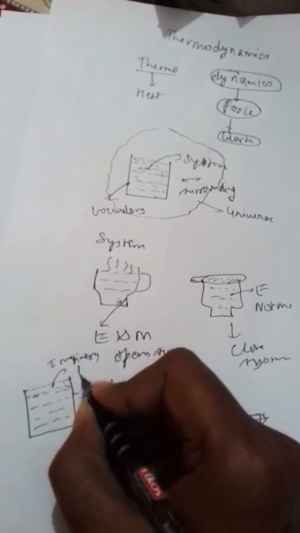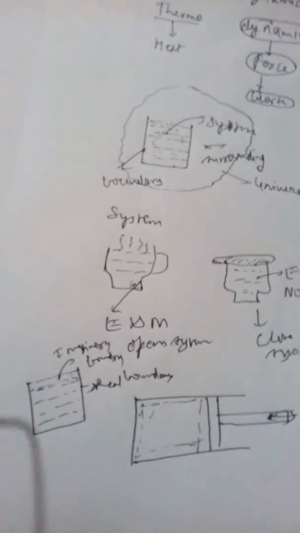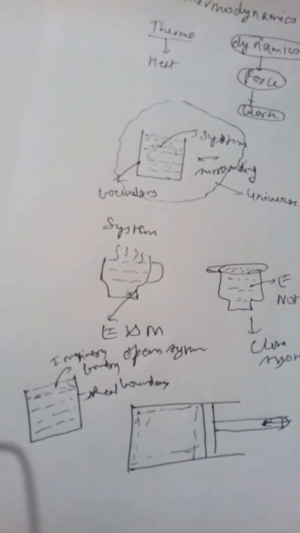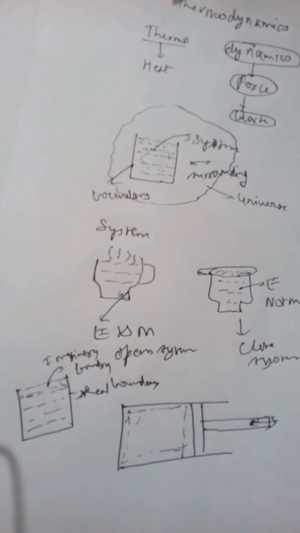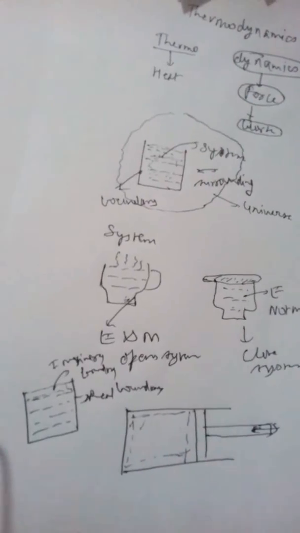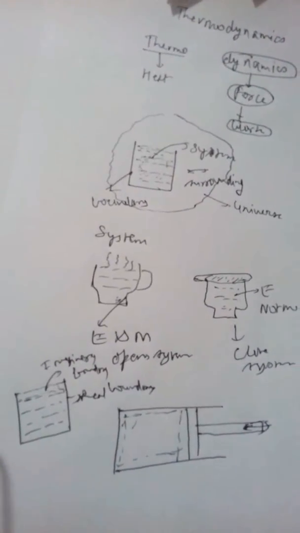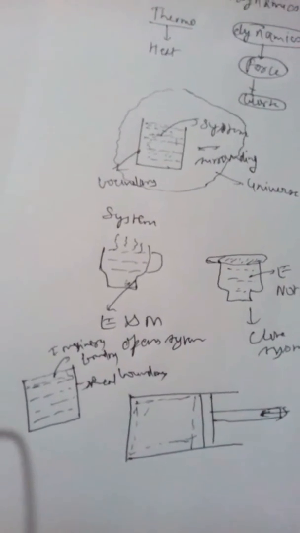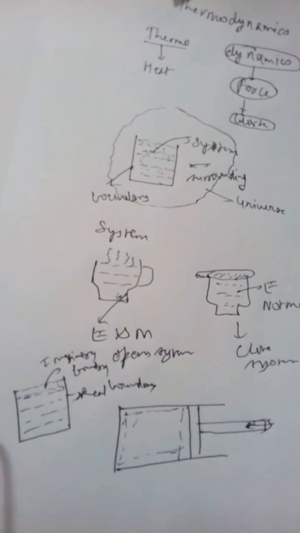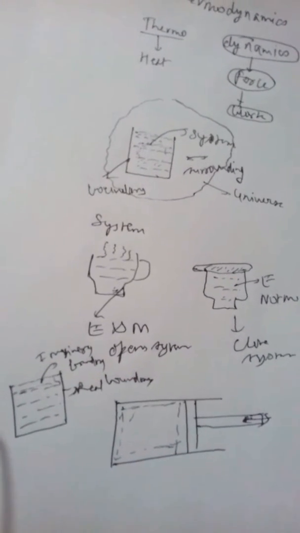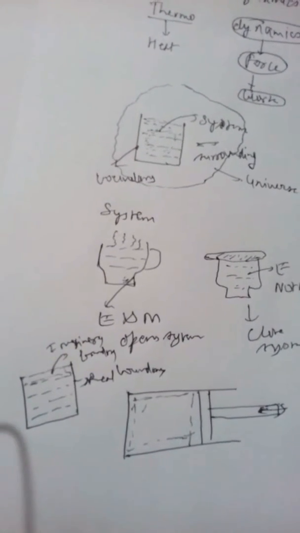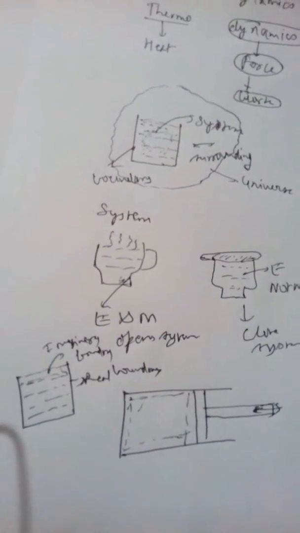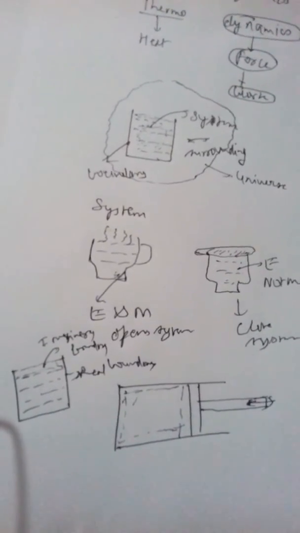On the basis of existence there are two kinds of boundary: real boundary, where you observe practically something separating the system from the surrounding, and imaginary boundary, where you have to assume some kind of boundary that is separating. On the basis of movement there are two kinds: movable and fixed boundary.